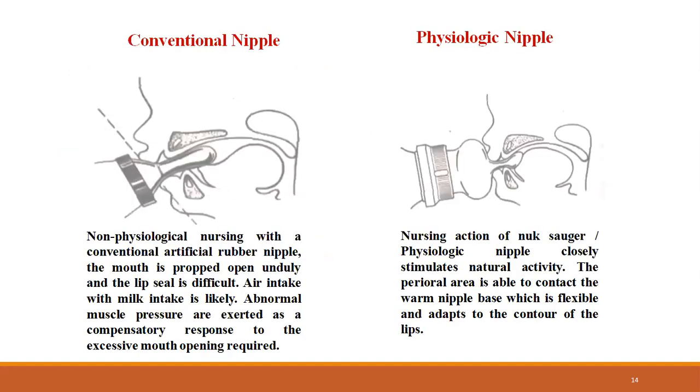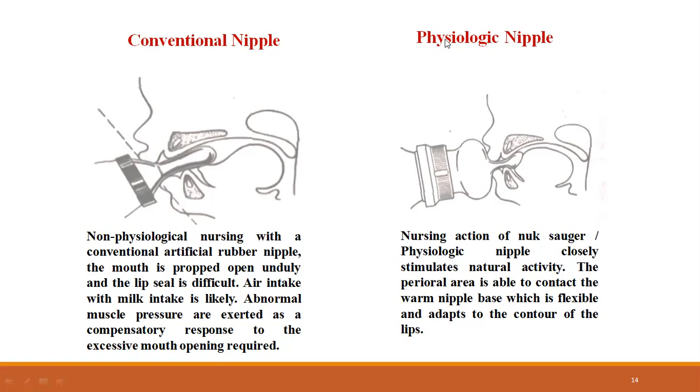In the conventional nipple, which is also called non-physiological nursing, with a conventional artificial rubber nipple, the mouth is propped open unduly, and lip seal is difficult. Also, air intake with milk intake is likely to occur, and abnormal muscle pressures are exerted as a compensatory response to the excessive mouth opening required.